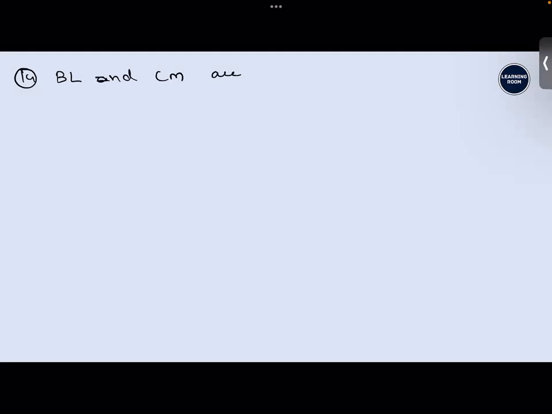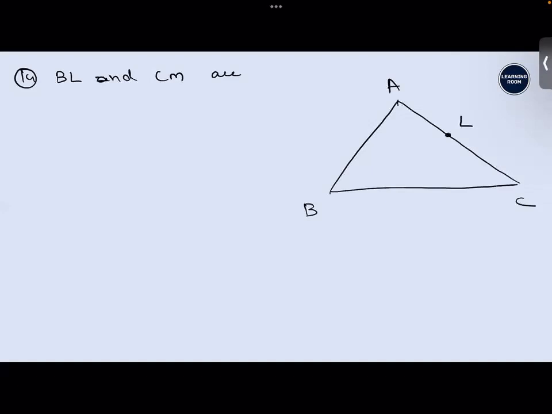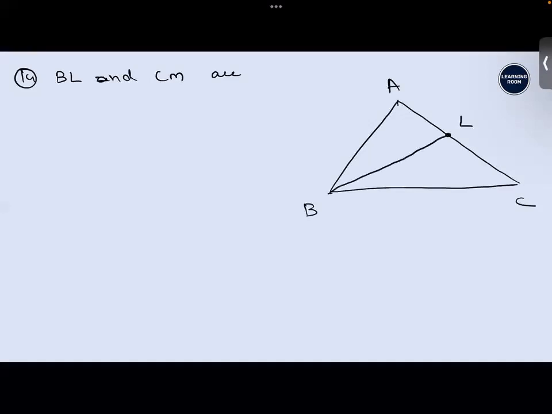PL and CM are medians of triangle ABC. So what do you mean by median? Median is a line that divides the opposite side in the ratio 1:1.